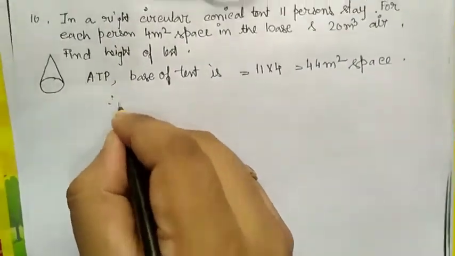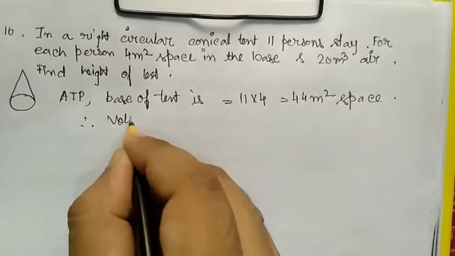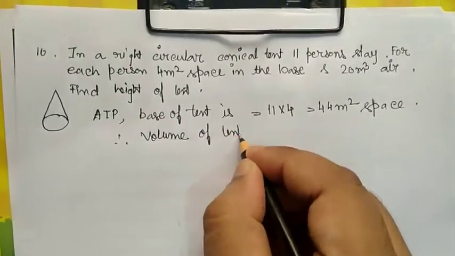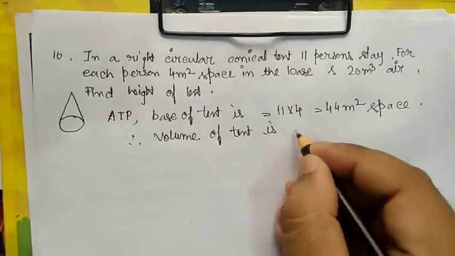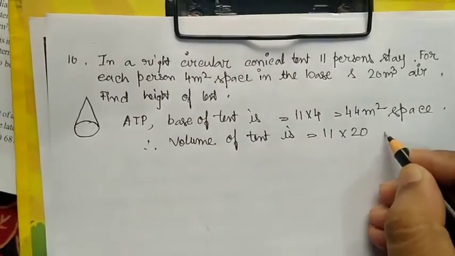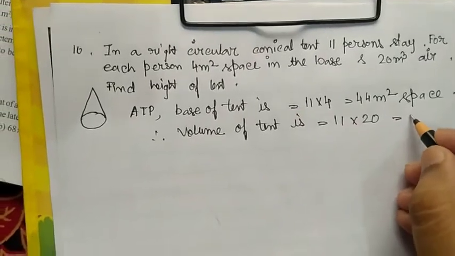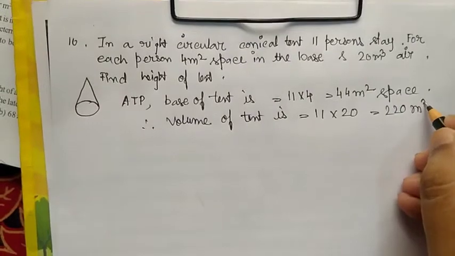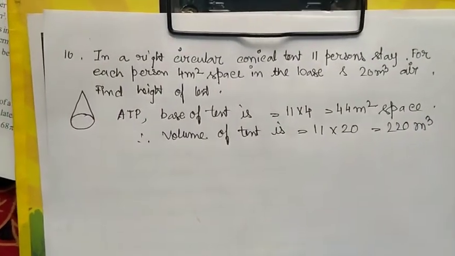And therefore the volume of the tent is 11 into 20 equals 220 meter cube.